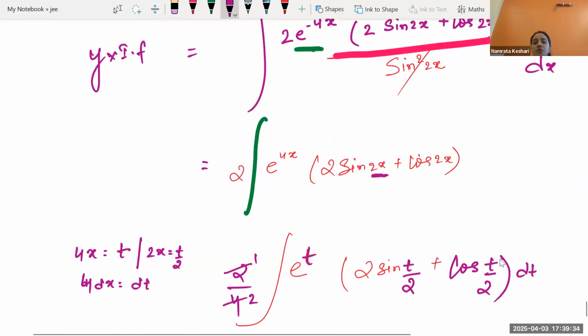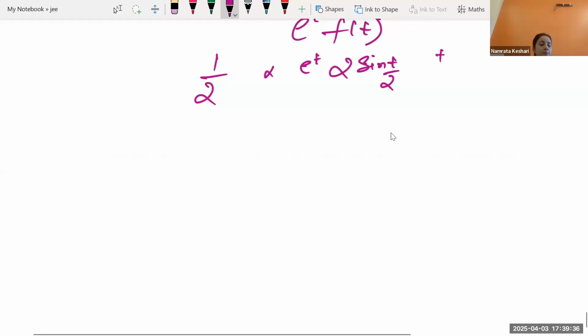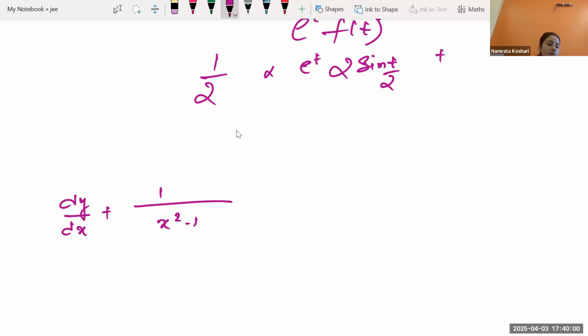Let's take a few more questions. If we are having dy dx plus 1 by x square minus 1, y is equals to, again, I can clearly see this question.